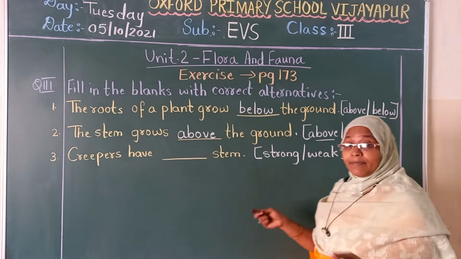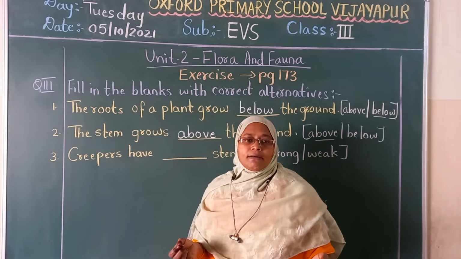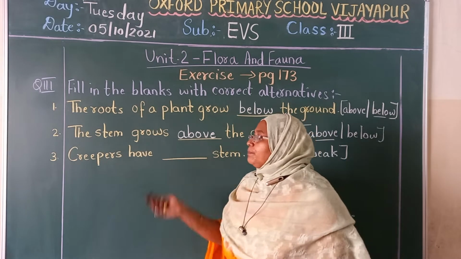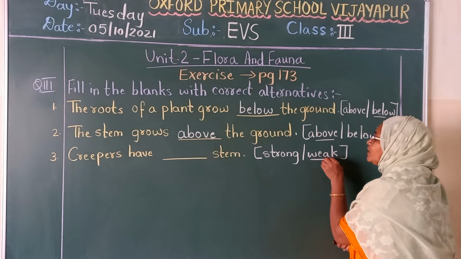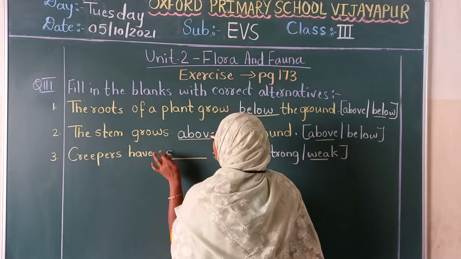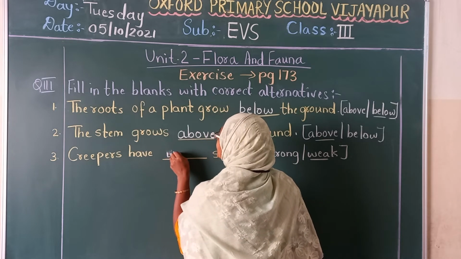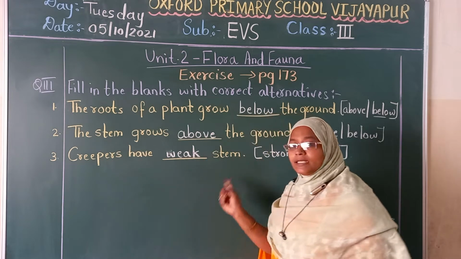If you see the creepers which spread on the ground, they have a very thin stem. So what is the answer? Weak stem. It's very thin. So write weak. Creepers have weak stems.